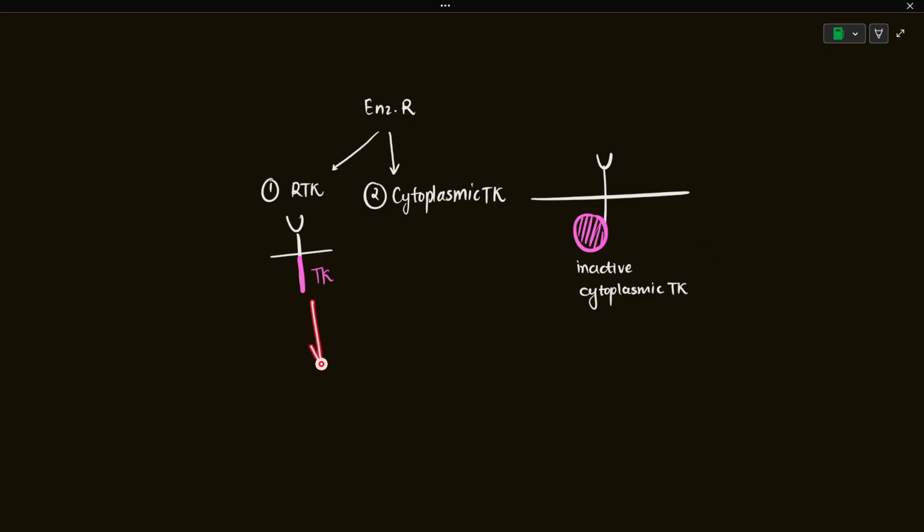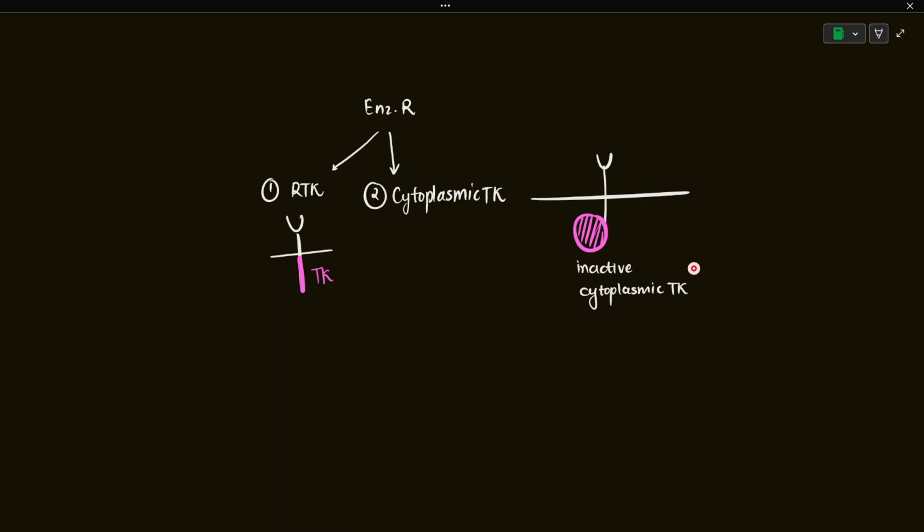So whatever downstream cascade is seen will resemble a lot in those cases, because the enzyme doing the activity is the tyrosine kinase. Both are tyrosine kinases, meaning they add the phosphate group over tyrosine residues. So whatever mechanism the cell has to follow is quite similar, and that's why you won't be confused by those categories.